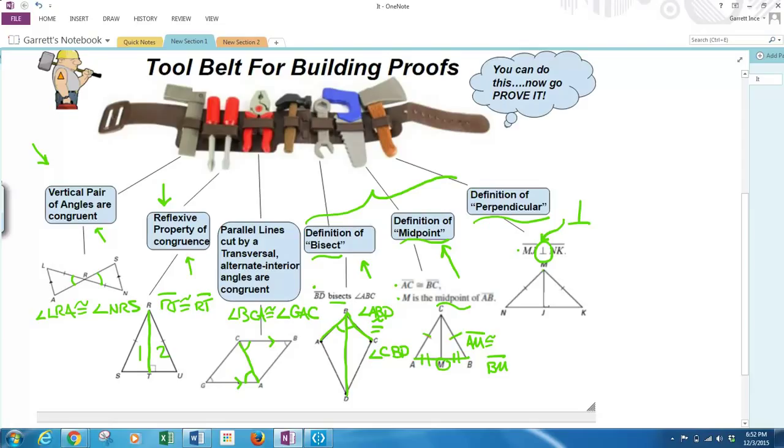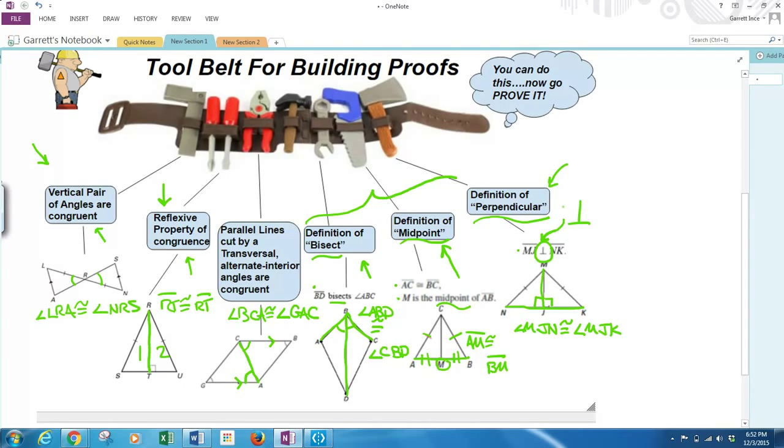So visually, you're looking at it, and it's that side MJ is perpendicular to side NK, which means that they meet, forming 90-degree angles. Now, any 90-degree angle is congruent to any other 90-degree angle. So I'm allowed to state or add to this problem that angle MJN is congruent to angle MJK, and my reasoning would be the definition of perpendicular.